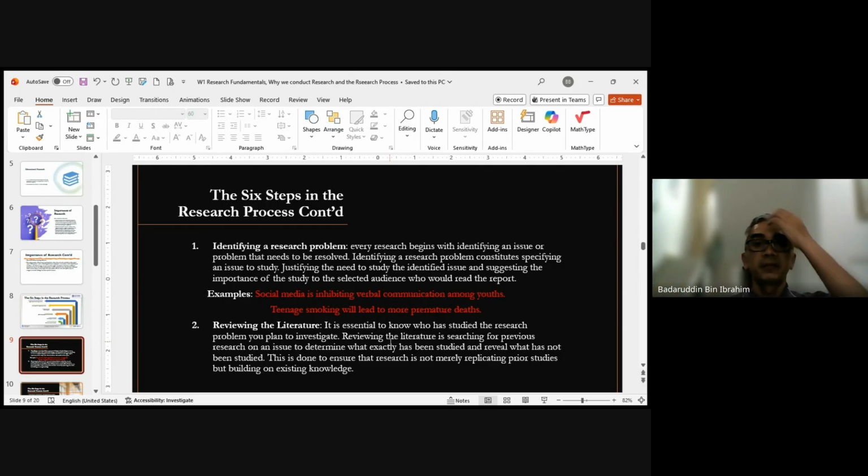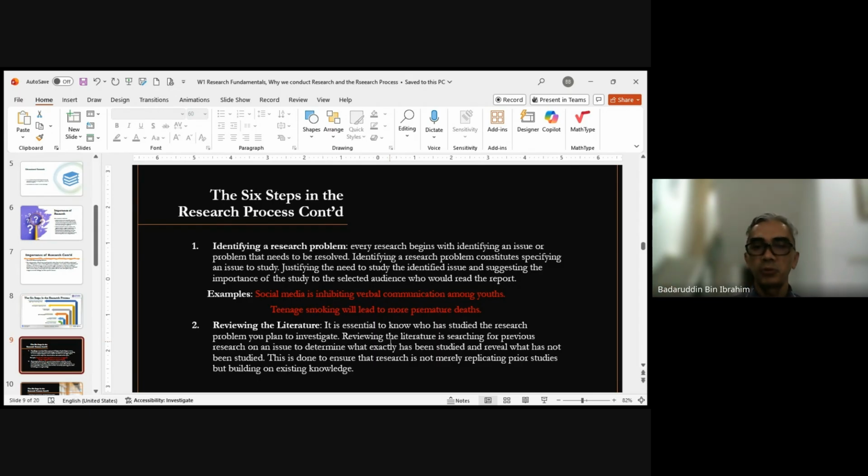But again, in order for you to justify this issue, you need to look through the literature. What does previous research say about social media? What do the literature reviews say about smoking teenagers?